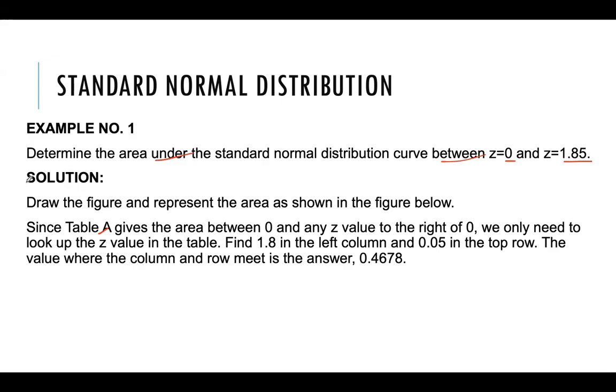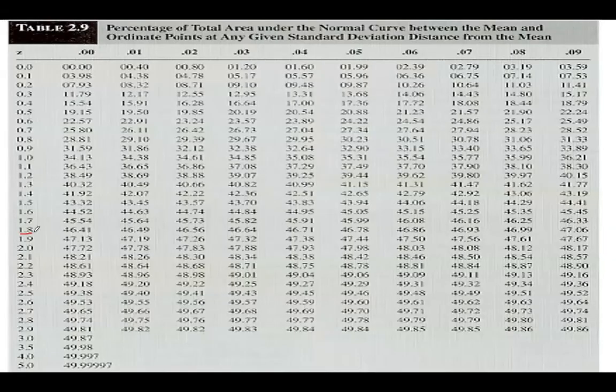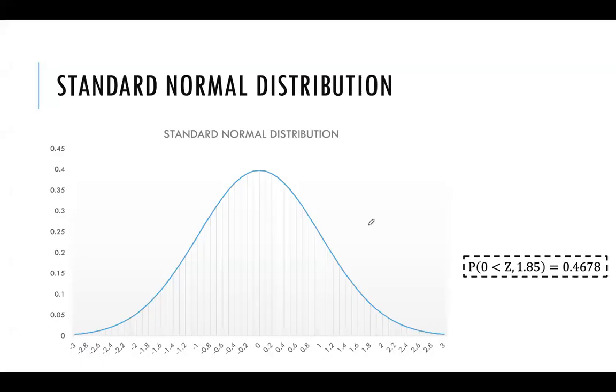So 1.8 here, class, and 0.05 here. So where do they meet? There, we have 46.78. So that is correct. The area between the z value of 0 and 1.85 is 46.78.